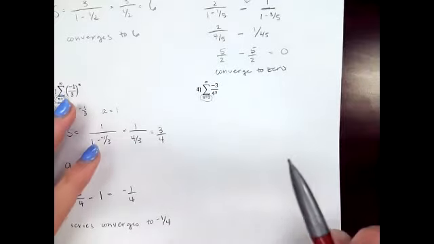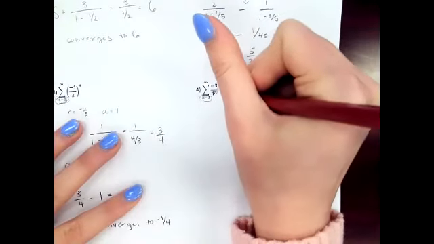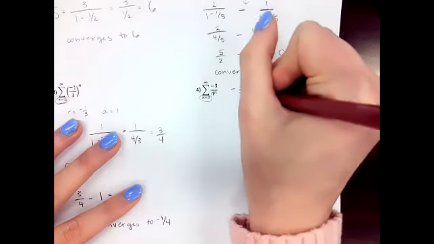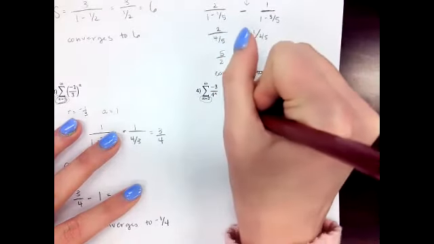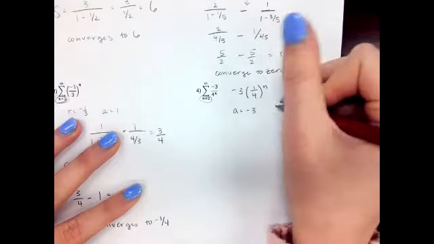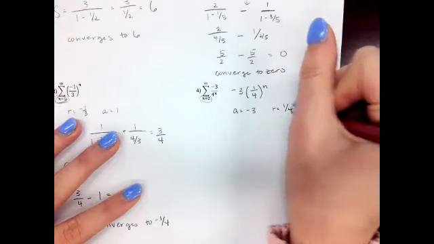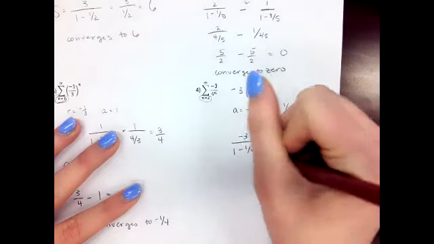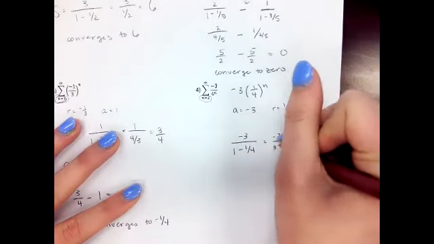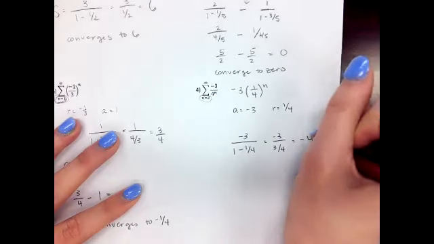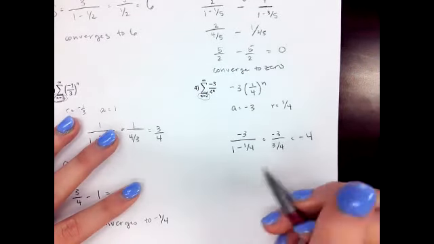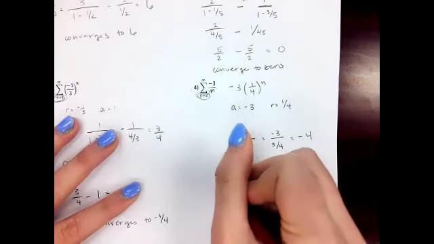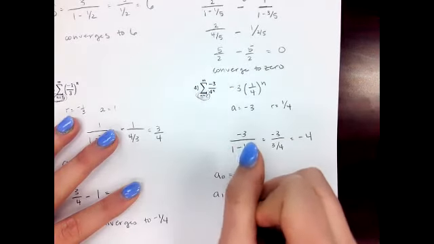Okay. This last one, same thing. We're going to go ahead and rewrite it to start like that. A is -3, R is 1/4. We can find our sum. And we also know we're going to have to find, since this starts at n = 2, the 0th term and the first term.